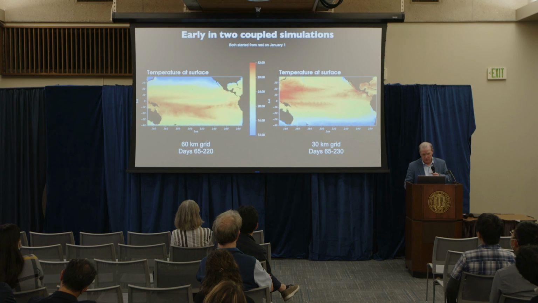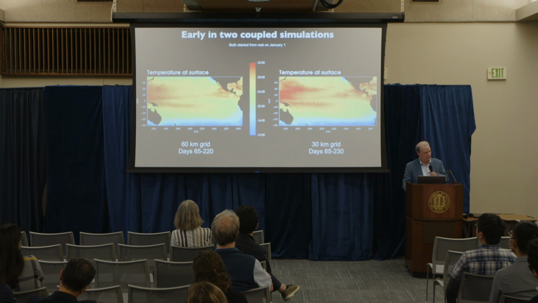And the southern hemisphere is cooled off. Now I'll do the same thing with the 60-kilometer, the coarser grid on the left side, and same kind of thing. But the seasonal warming in the northern hemisphere is somewhat weaker, well, very noticeably weaker. So definitely differences in these two resolutions.